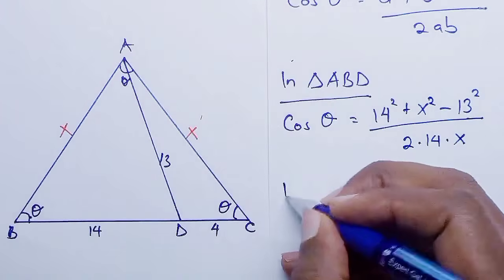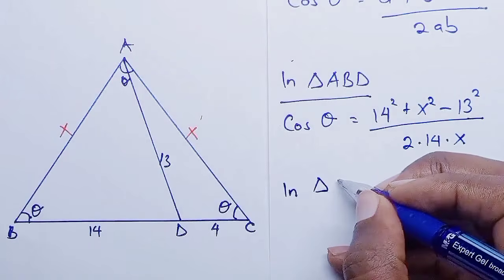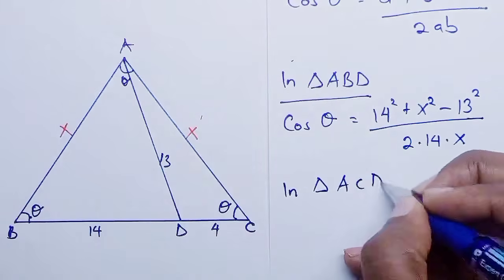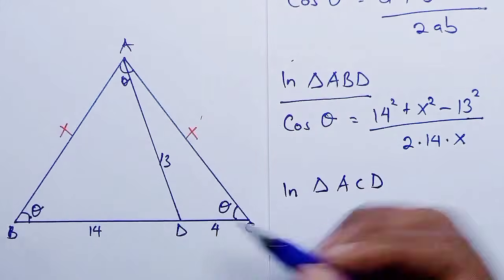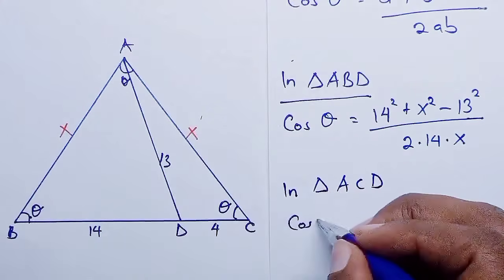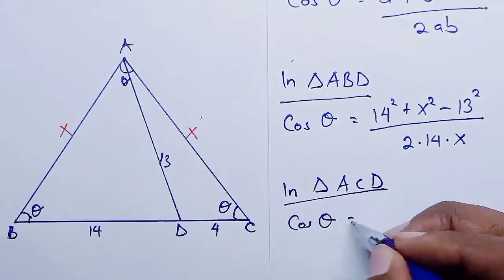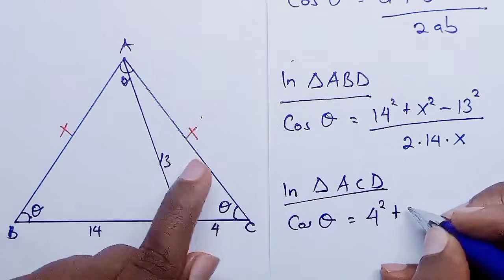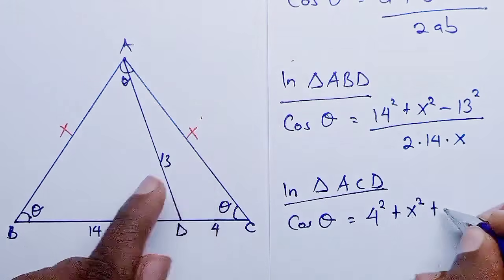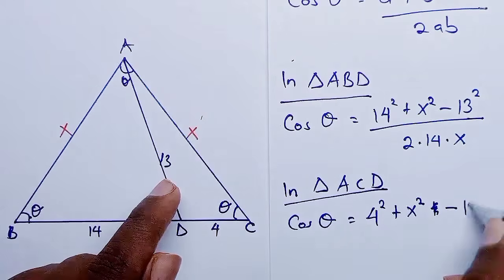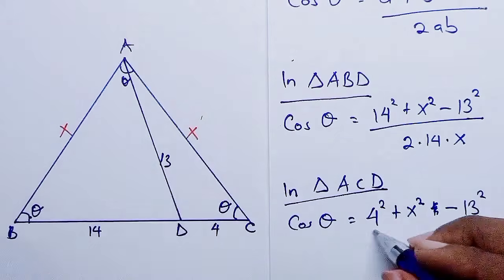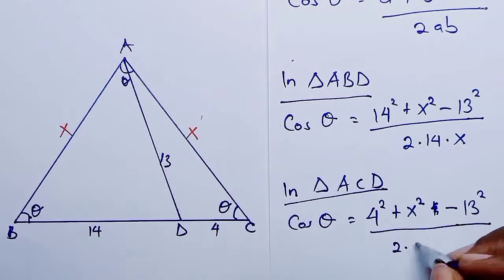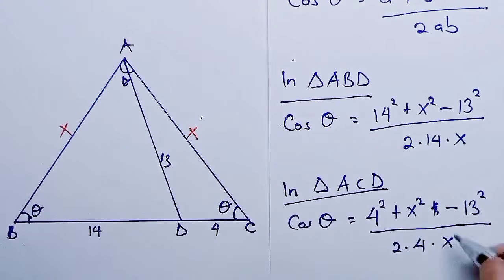While in triangle ACD, so this theta, cos of this angle theta, will be equal to 4 squared plus x squared, this will be minus 13 squared over 2 times 4 times x.